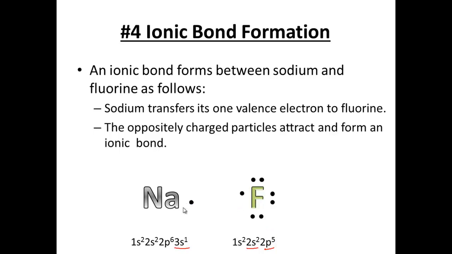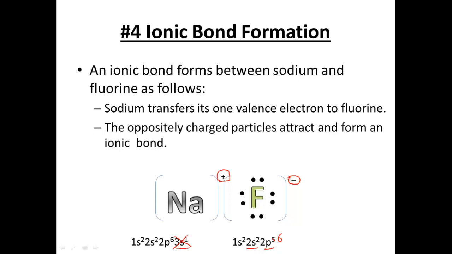So sodium is going to donate that electron over. As it donates that electron, sodium loses the electron and fluorine gains it. Sodium becomes positive, fluorine becomes negative, and it's that positive-negative interaction that holds those two atoms together.